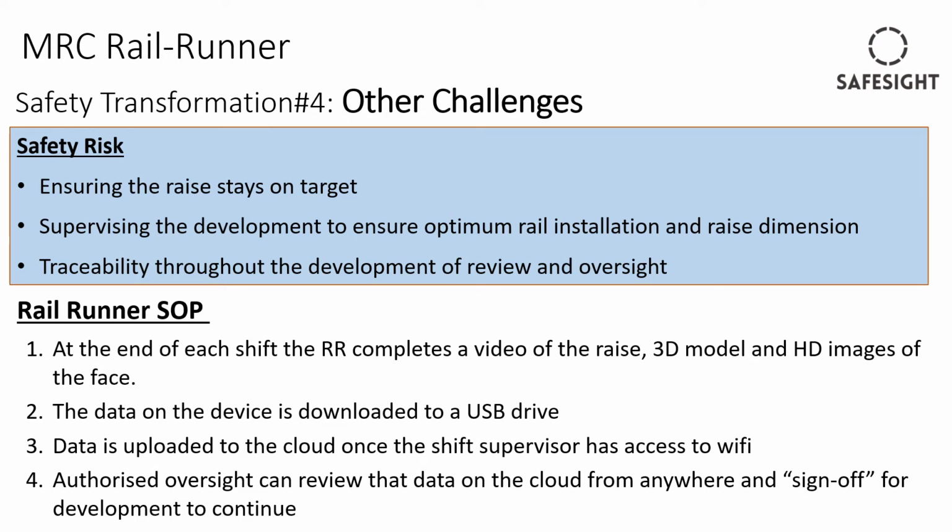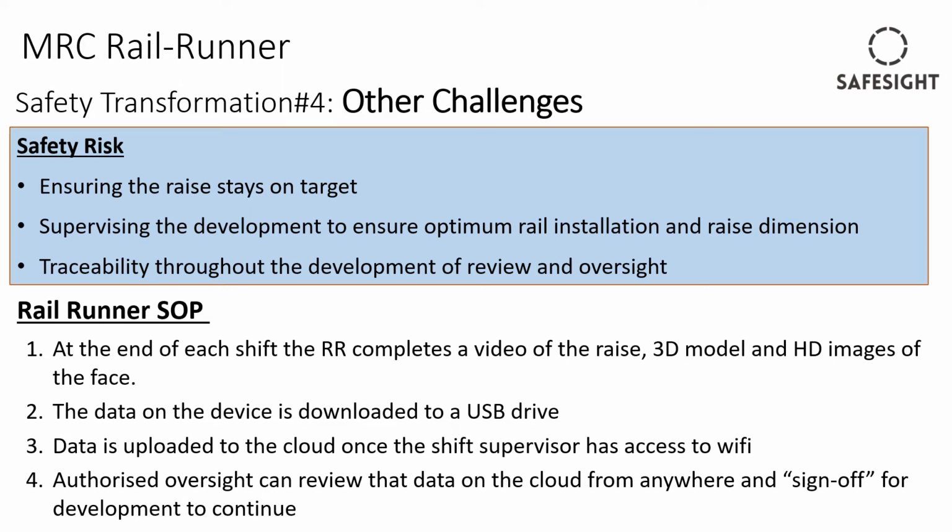So the post shift standard operating procedures to facilitate this really involves, at the end of the shift, the crew uploading the Rail Runner point cloud video and HD images to our mine site portal, which I'll talk about momentarily.